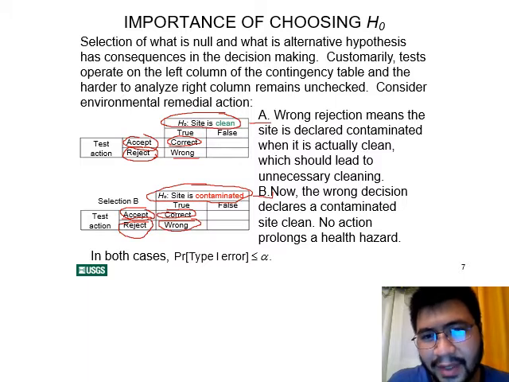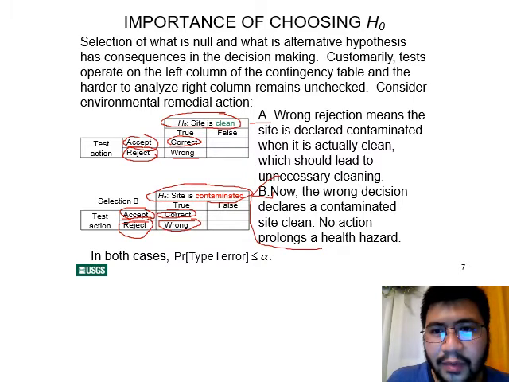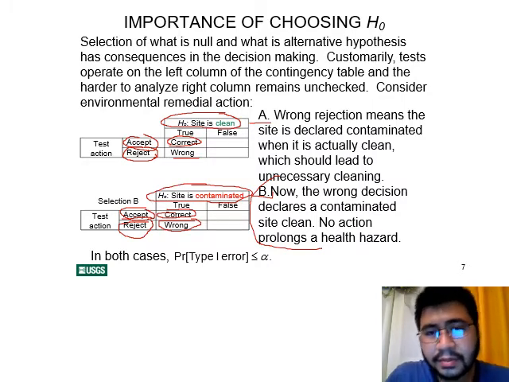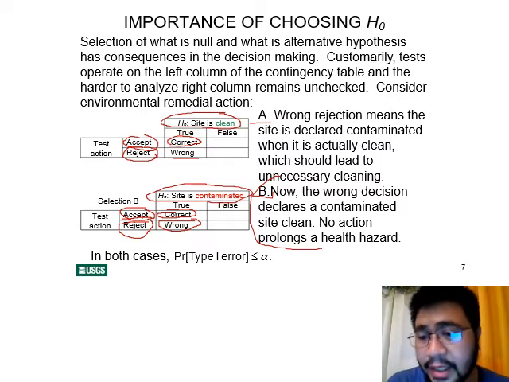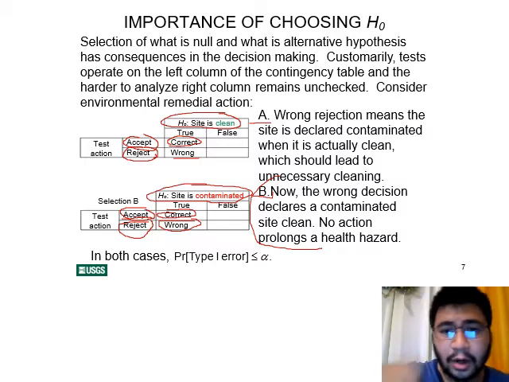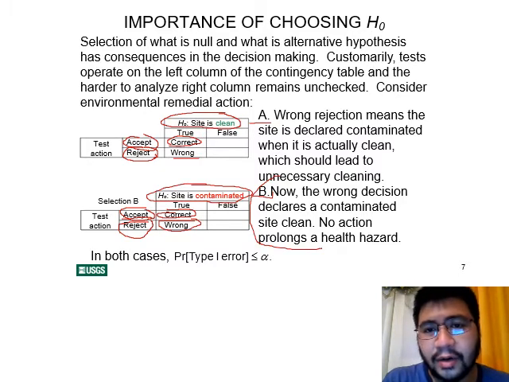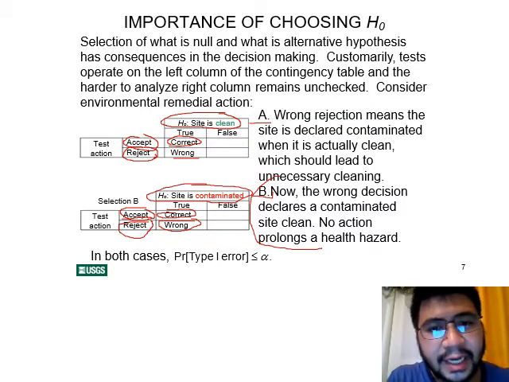That's more acceptable compared to the consequence in case B, where we declared the site as clean when in fact it was contaminated. So it boils down to the values, and to the consequences of our actions, on how we act upon the results of the hypothesis testing.